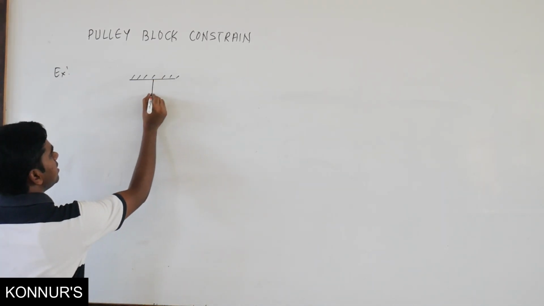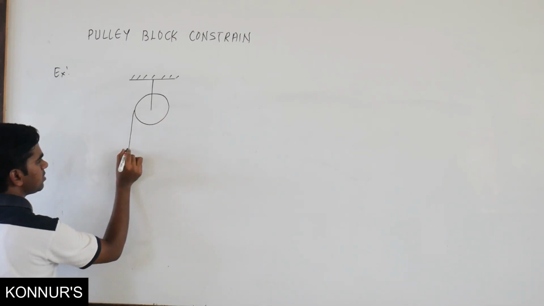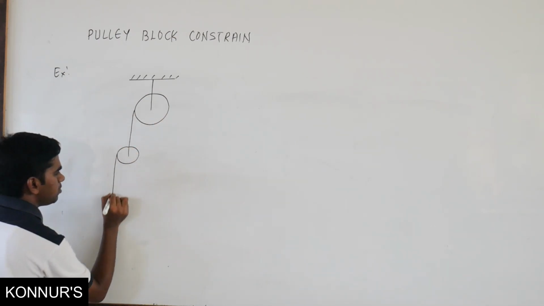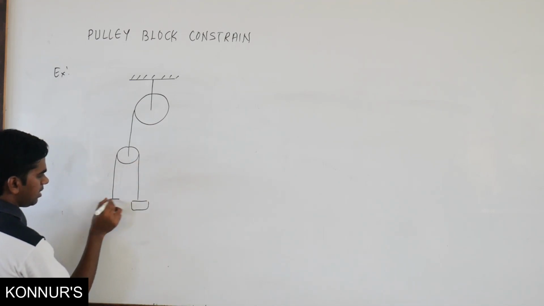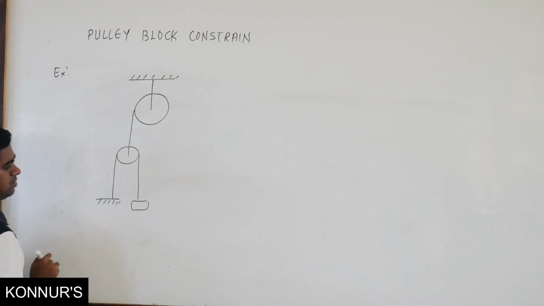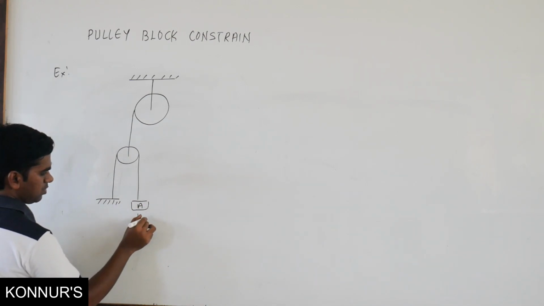Suppose a bigger pulley is connected here, and this is connected to another smaller pulley. To this pulley, one mass is connected, and another is connected to rigid support. Say this mass is A, and this is moving in downward direction with velocity, say 4 meter per second.